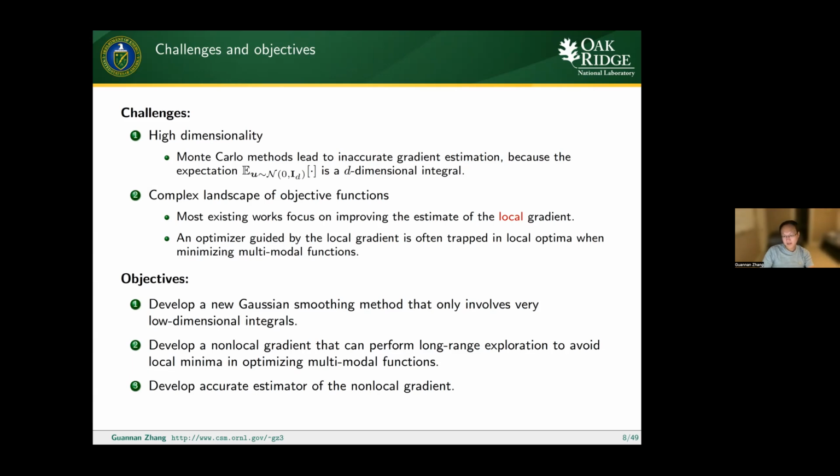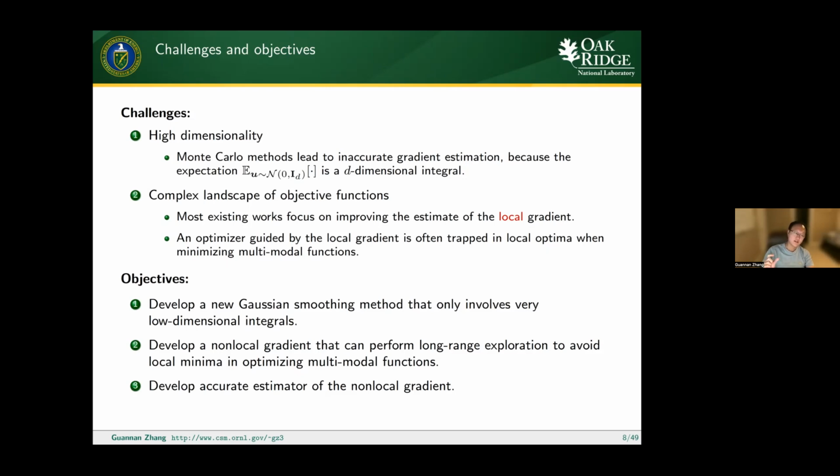In practice, people handle this in two ways. First, when you use a very small sigma, the smoothing region is very small, so the accuracy is not very sensitive to the number of Monte Carlo samples you use. That is the most common setting in which people use the Gaussian smoothing technique.